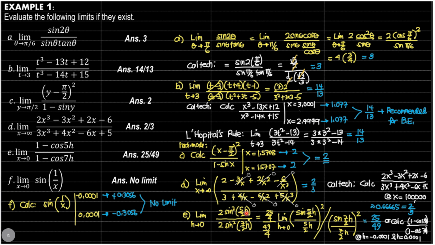We write this as sine of 5h over 5 halves h, and we know that the limit of sine theta over theta is in that form as theta approaches 0. As h approaches 0, 5 halves h approaches 0 also.